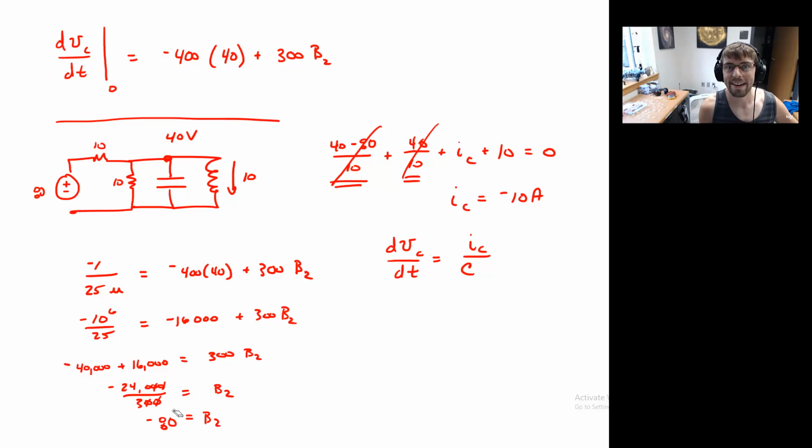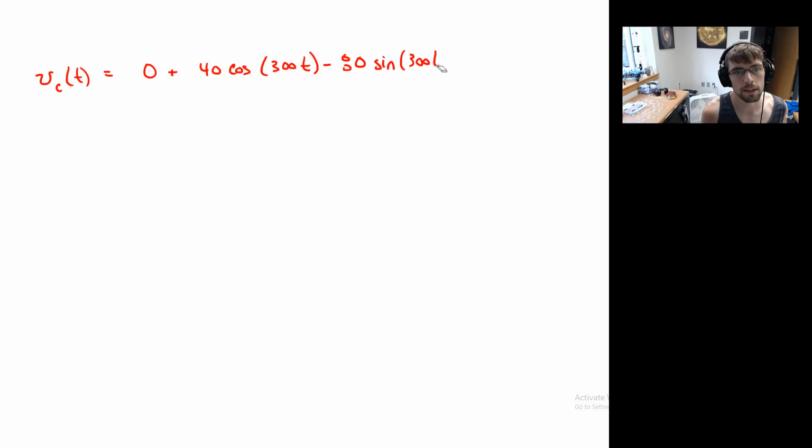Cool. Now notice, due to our handy dandy table, this means that VC is the terminal behavior as time goes out to infinity, 0. Then we have the plus 40 cosine of omega d t, and I got negative 80 there, sine of omega d t, times e to the negative, I think this is 400t.